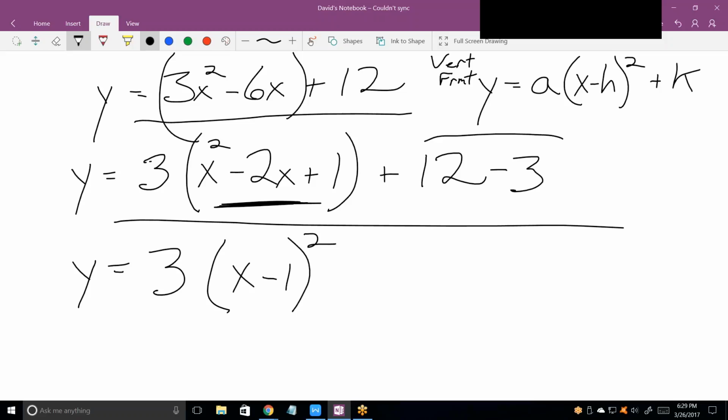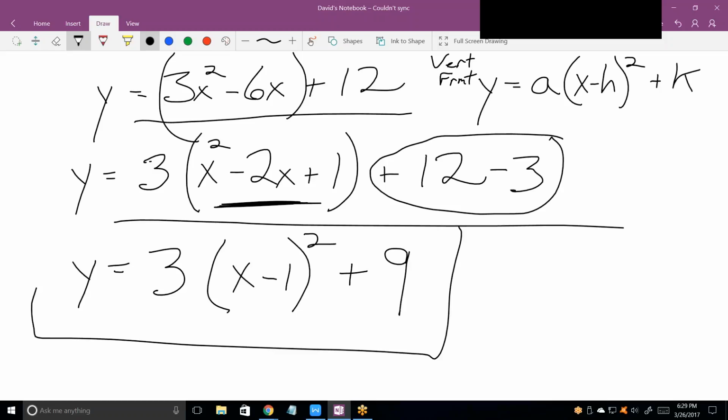Then I combine those two numbers, get plus 9, and bingo. There's my answer, and it's in vertex format. Where's the vertex? 1, 9. Good. So that's how you complete the square.